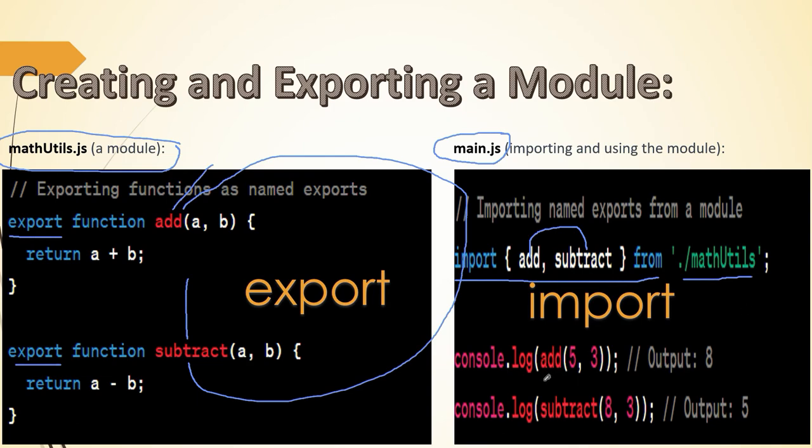After that, you will be able to utilize the functions add and subtract inside your main.js. In a nutshell, from the module where you want to export the functionality, it may be a function, a class, or a variable, prefix that with export. In another module where you want to make use of that functionality, import those things.